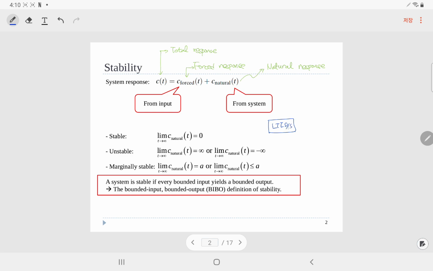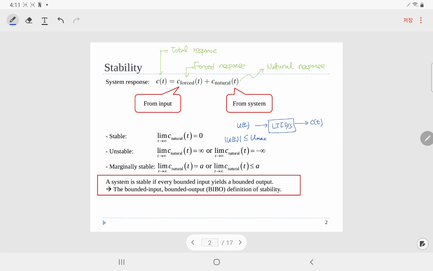The target system is an LTI system, and here the control input is u of t and the system output is denoted by c of t. Here we consider the bounded input. The bounded input means the maximum value of control input is confined by a certain value, which we denote by u max.